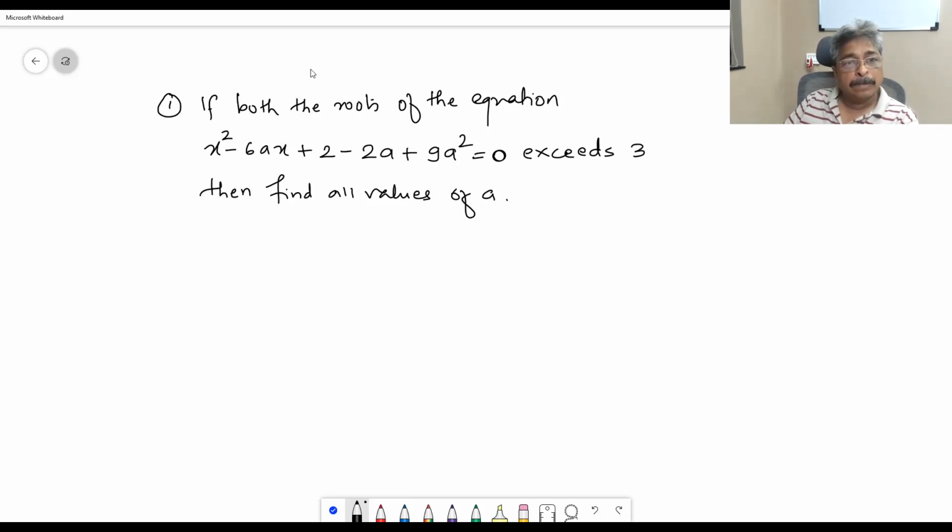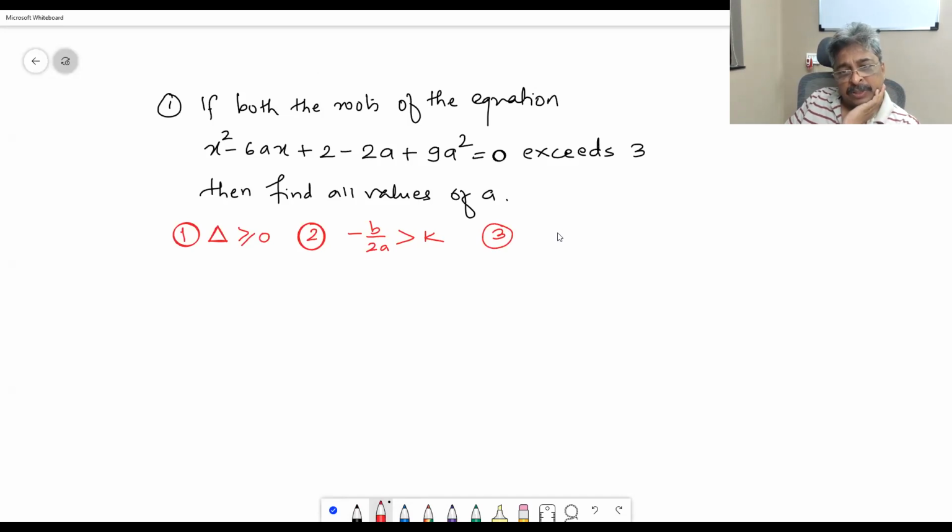Press on. Okay, last lecture we derived three conditions. First was delta greater than equal to 0. Second was minus b by 2a should be greater than k.